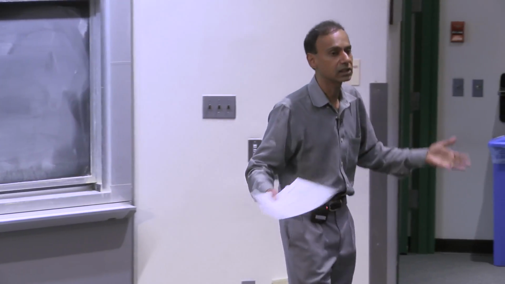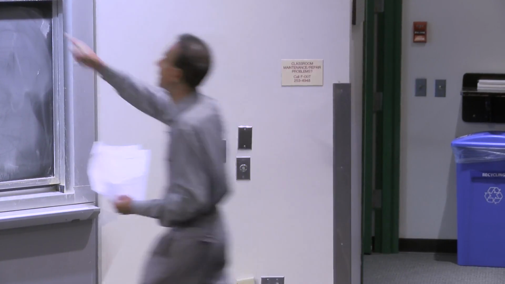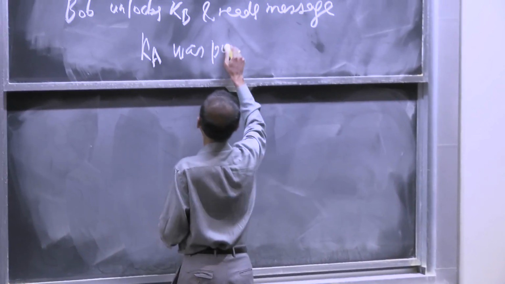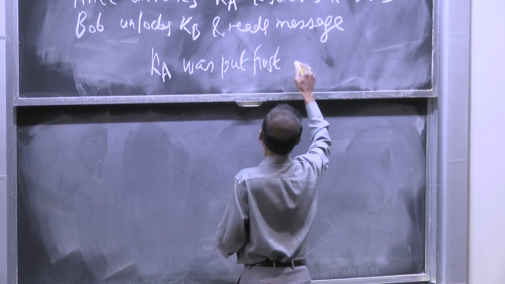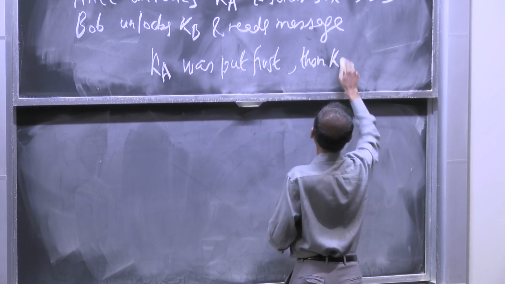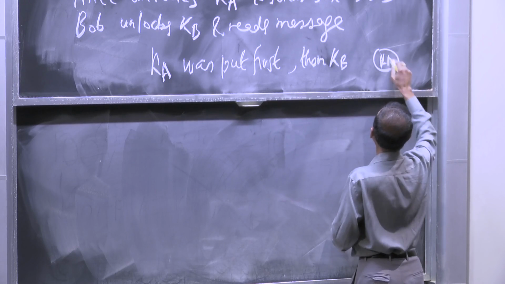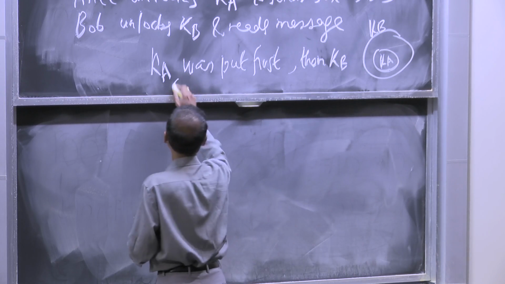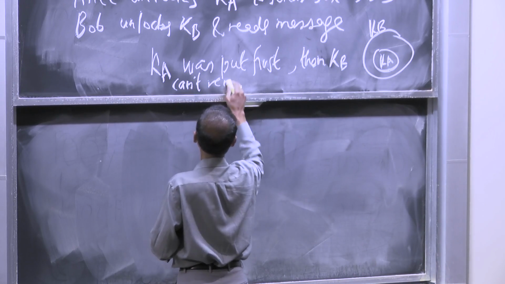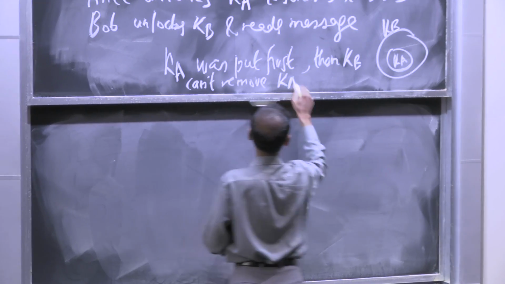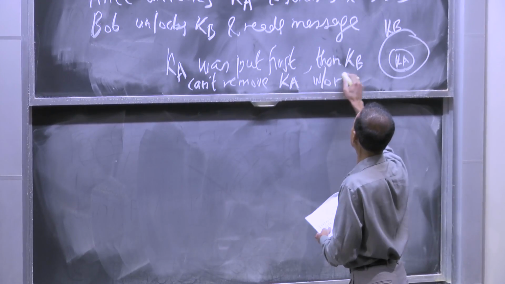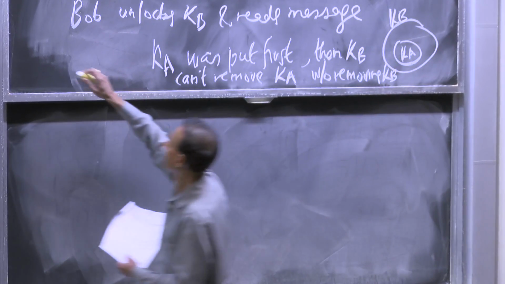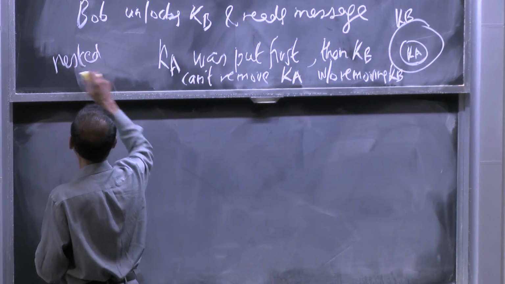So nested locks actually don't work, because what happened here is that Ka was put first, then Kb, and if you had Ka and then Kb out there, then you can't remove Ka without removing Kb. And this would be the case where you have nested locks, right?